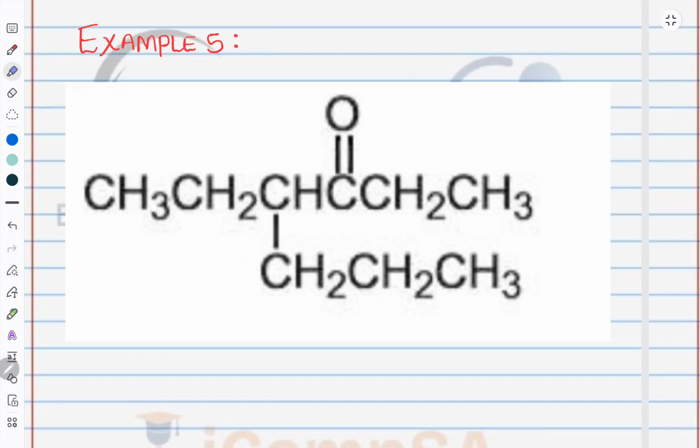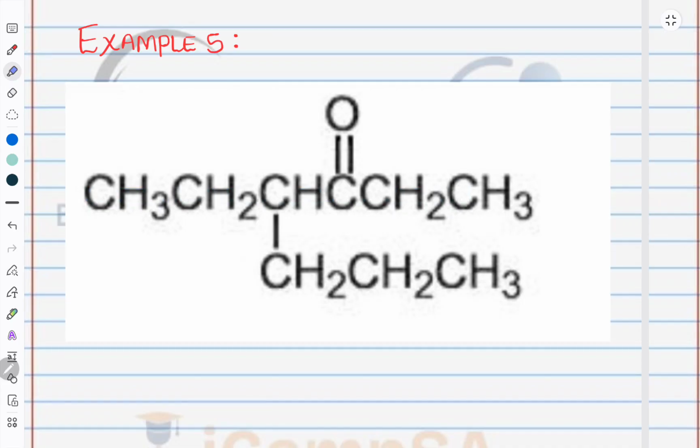All right, so let us check example 5. Now with example 5, it's also a condensed structural formula. So let's try to find the longest chain. This one is a branch. If you check this branch, let's say we start with the straight parts. We'll have 1, 2, 3, 4, 5, and 6. There are 6 carbon atoms in this one.